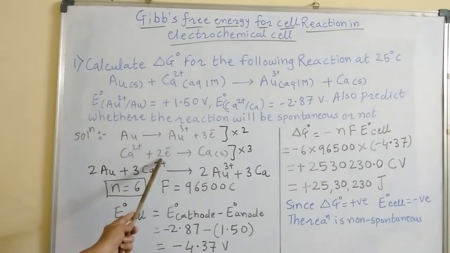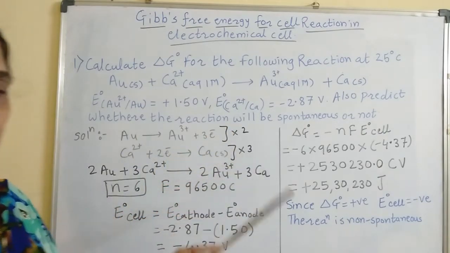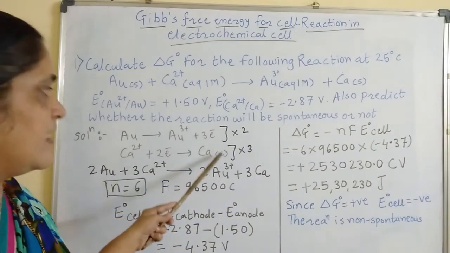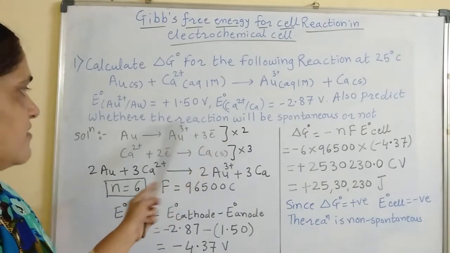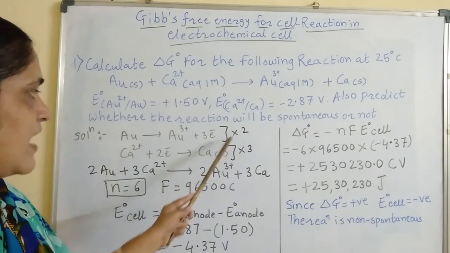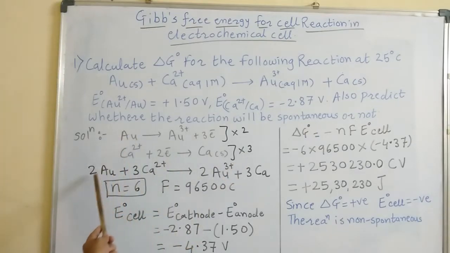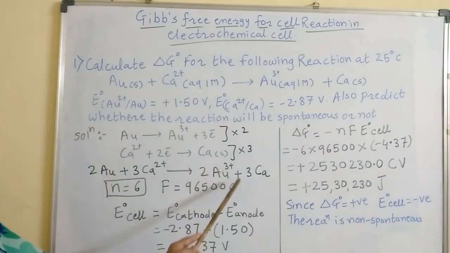To make the number of electrons the same for the oxidation half-cell reaction and the reduction half-cell reaction, we multiply the first reaction by 2 and the second reaction by 3. So it will be 2 Au plus 3 Ca2+ gives 2 Au3+ plus 3 Ca. In this way we have got the reaction.